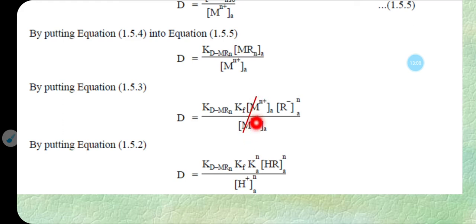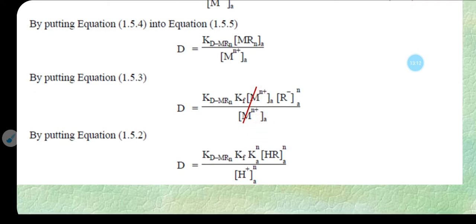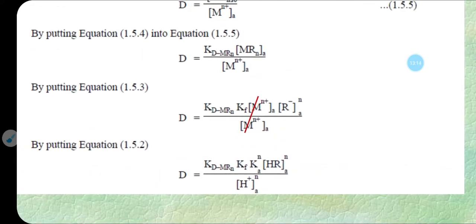This M plus in aqueous is cancelled. Then we get the equation: distribution coefficient of metal chelate, formation constant, and R minus in aqueous divided by R minus in aqueous.